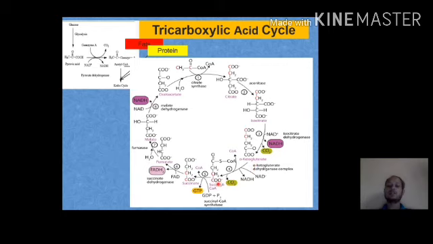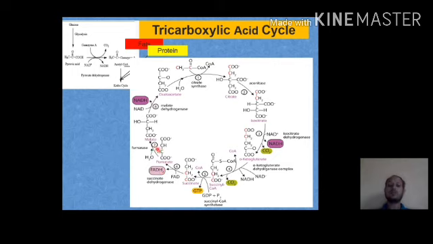The succinyl CoA is converted to succinate. This reaction is carried out by the enzyme succinyl CoA synthetase, and here the direct formation of GTP is involved. Succinate is converted to fumarate with the help of the enzyme succinate dehydrogenase, with the formation of a different reducing equivalent, FAD. This is a flavin derivative and it is utilized here to form FADH2.